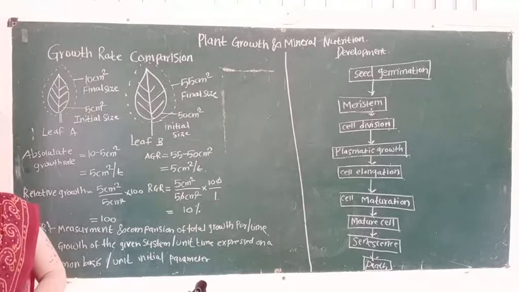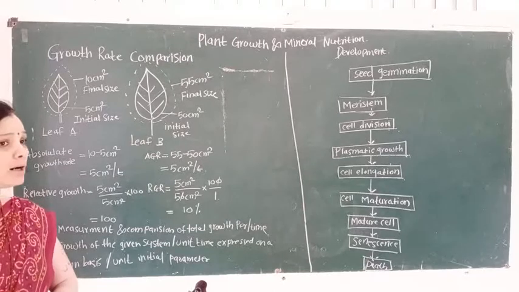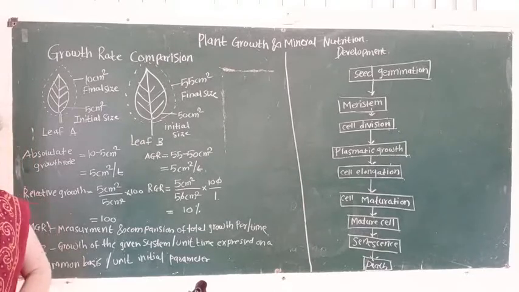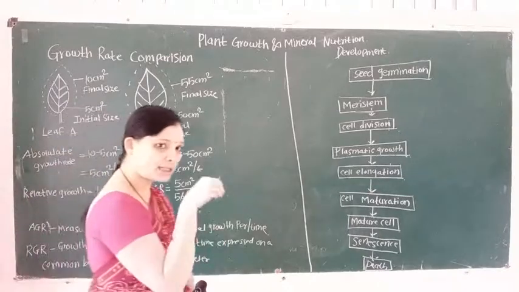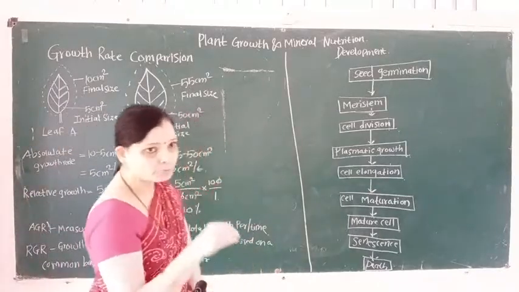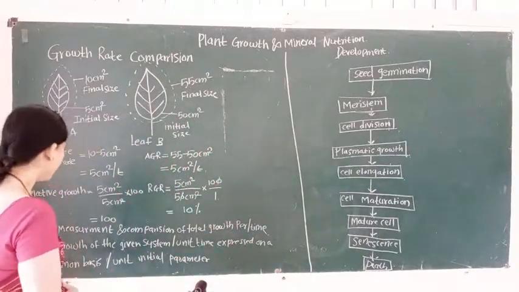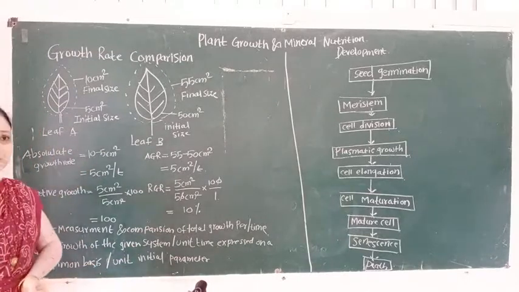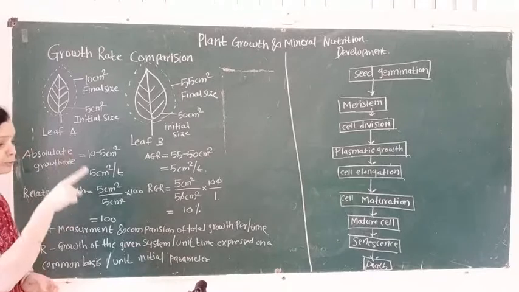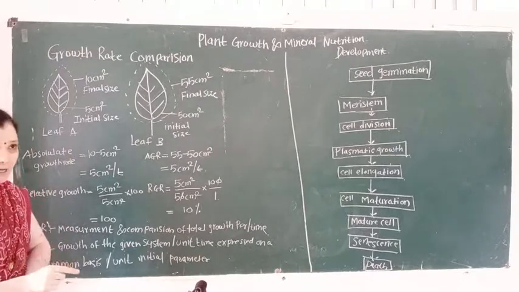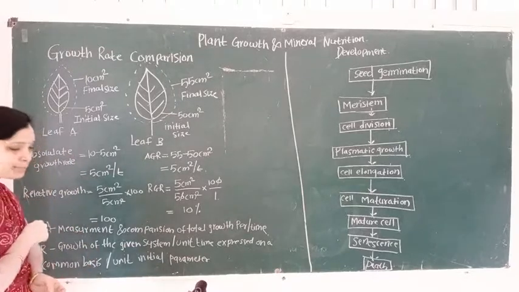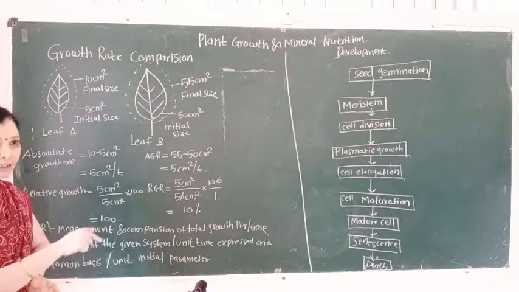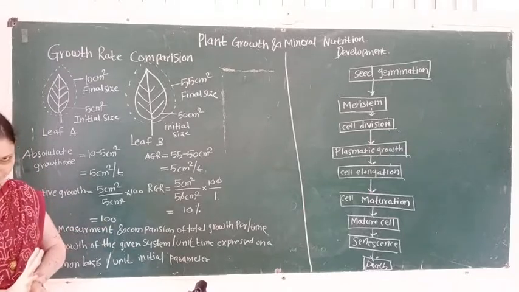And what is the definition of RGR? RGR, that is relative growth rate. Relative growth rate means growth of the given system per unit time expressed on a common basis per unit initial parameter.